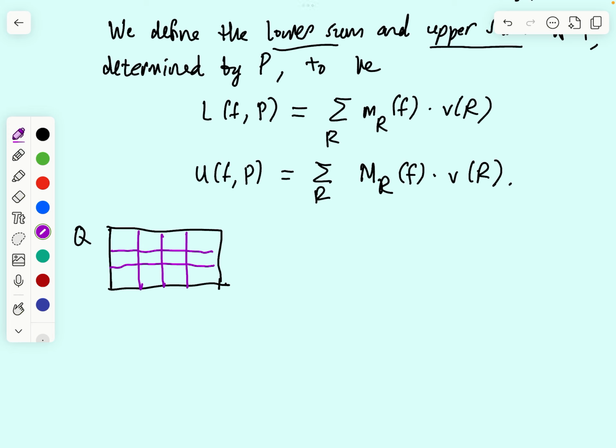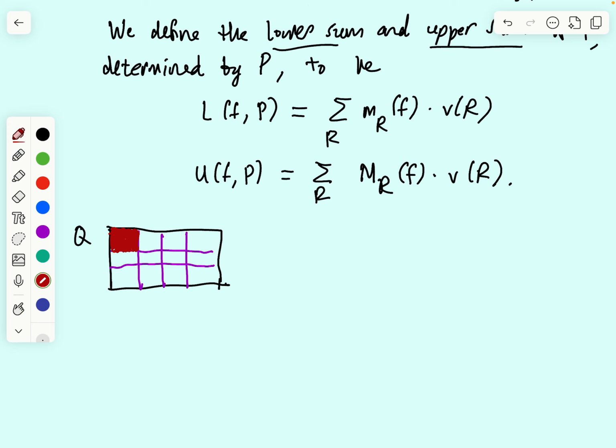So this partitions Q into 12 pieces, and you have a function defined on Q. So you take each rectangle, say this rectangle, and you look at the biggest and smallest values of the function on this rectangle.